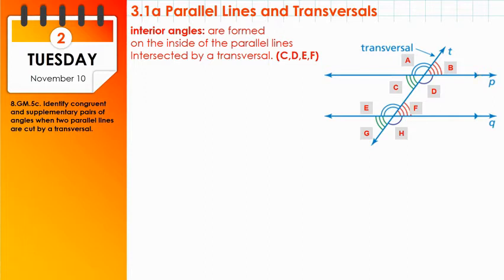Remember, when we have parallel lines, the symbol here tells me that line P is parallel to Q. This symbol that looks like an 11 is what we use to identify parallel lines. So P is parallel to Q.